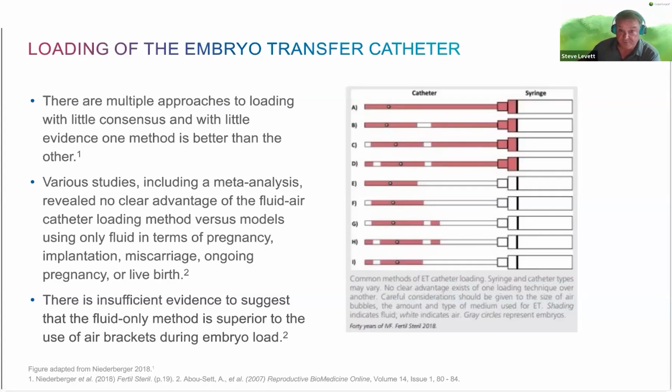If you notice, apart from the top one, A, it's very hard to see what the injected volume would be here. But in all the others, the injection volume that the embryo sits in is the same. And that's the key factor that remains constant. And it's not the type of loading that's important, so air bubbles or not, etc.